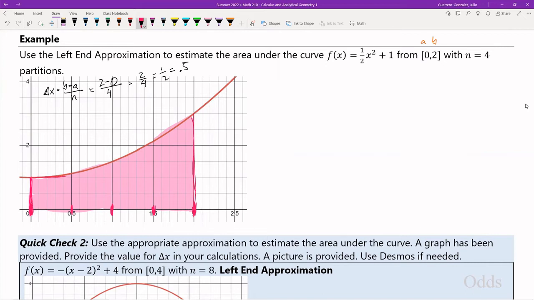Here's the first box. Notice how it only goes as high as whatever 0 is because I'm using the left. The next one at 0.5, the graph goes this high, so I'm going to go that high.